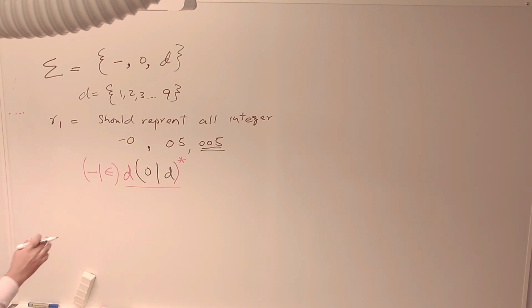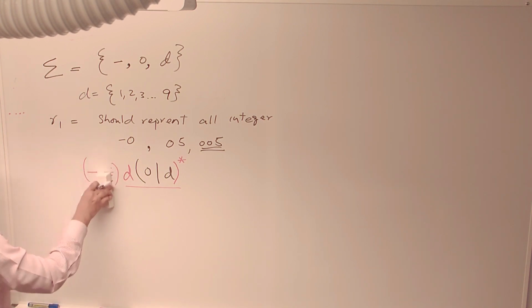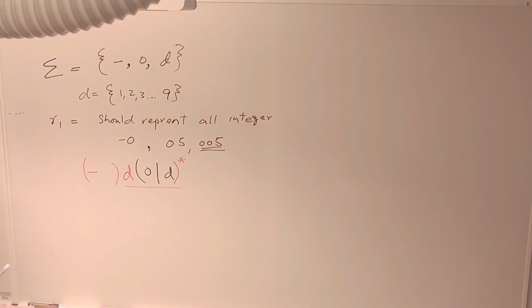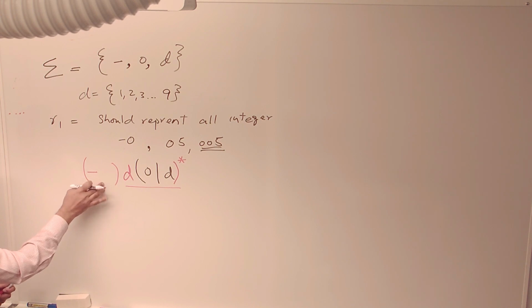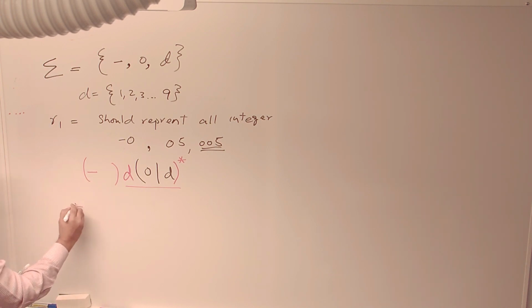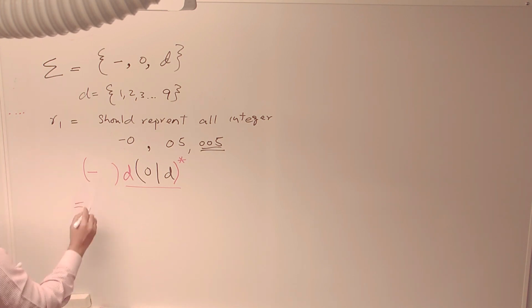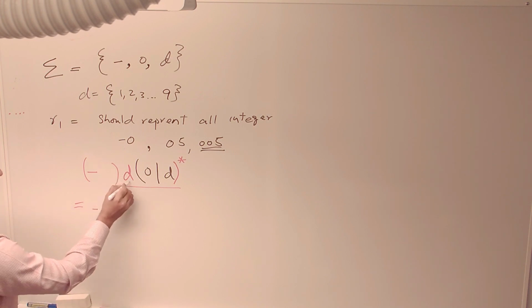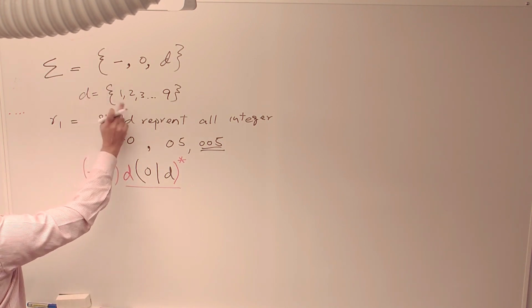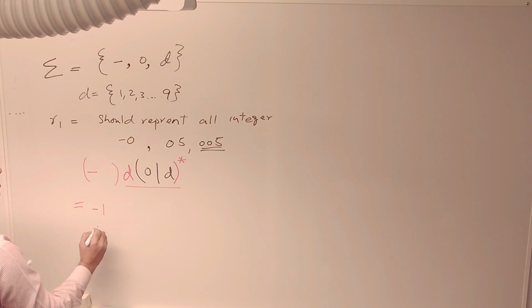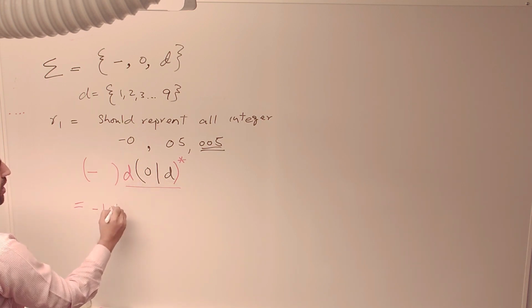Yeah, because if you don't use the empty string over here, then you are saying that you always start with the minus sign. In that case, you pick a minus and then you can put d, like 1 2 3, minus 1, and then you can use 0 or maybe more, 2 3 4.